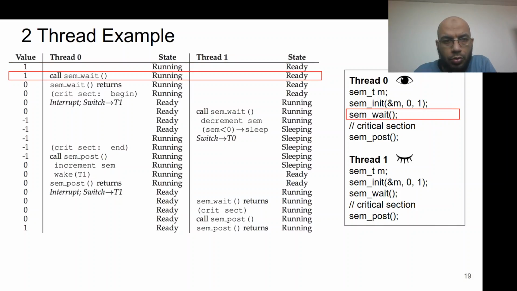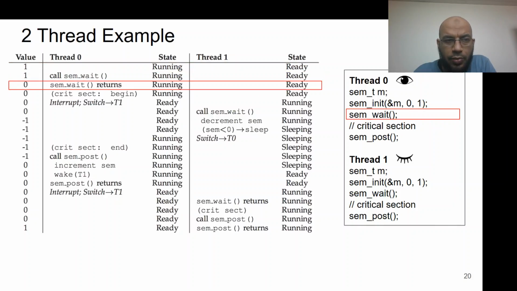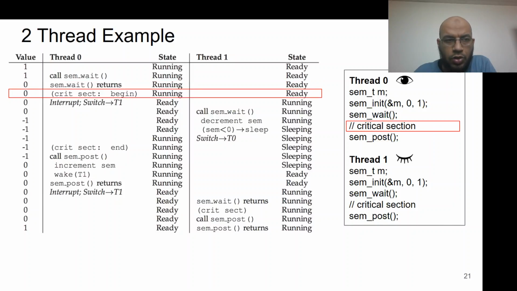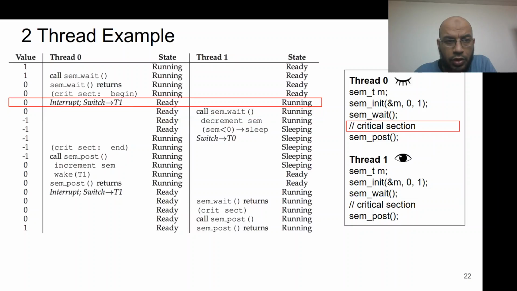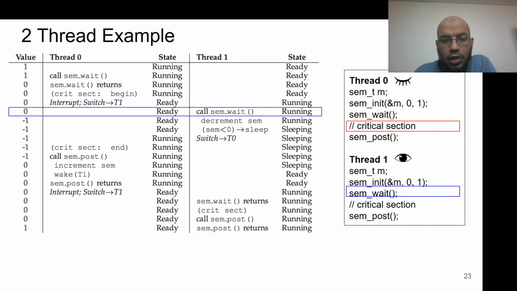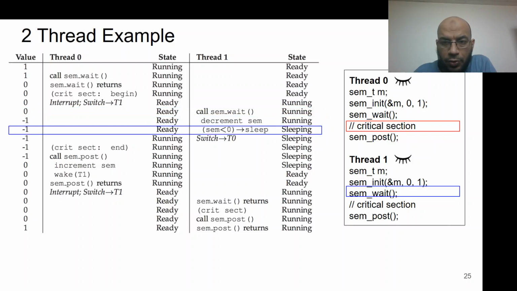So the running thread calls semaphore wait, it returns because you had resources, you go into the critical section, okay, interrupt, you switch to the second thread while you were in the critical section. Basically, you call semaphore wait again, you decrement, the semaphore is less than 0, so you need to go to sleep, and you again switch to T0.